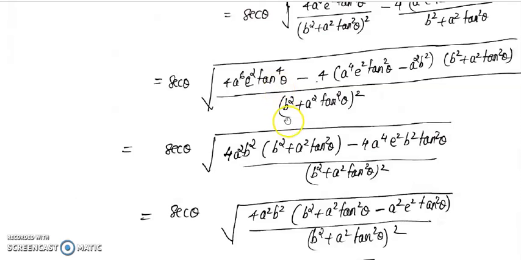So you will get 4a square b square into b square plus a square tan square theta minus a square e square tan square theta by b square plus a square tan square theta whole square.